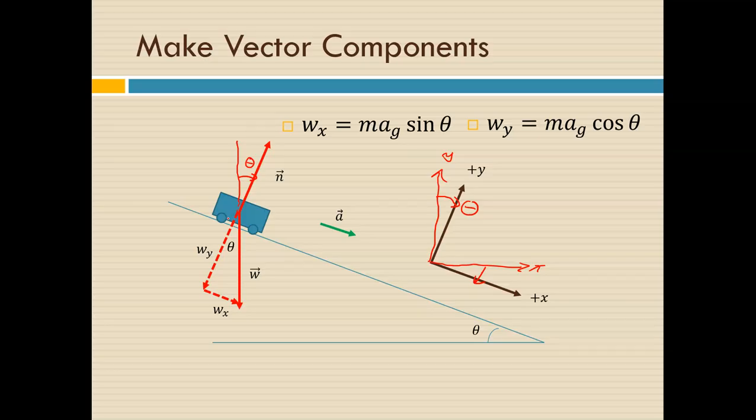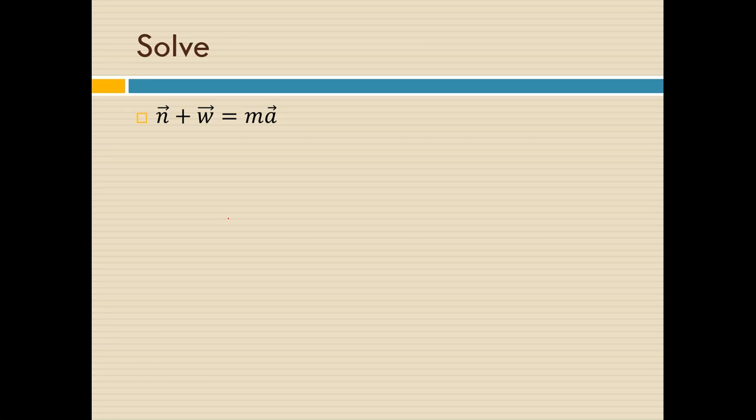Okay? All right, cool. Why is this important? Why do we need to do all this? Because now we have a Wx component and now we have the Wy component. That means that our equation becomes the normal force plus the weight equals the mass times the acceleration.